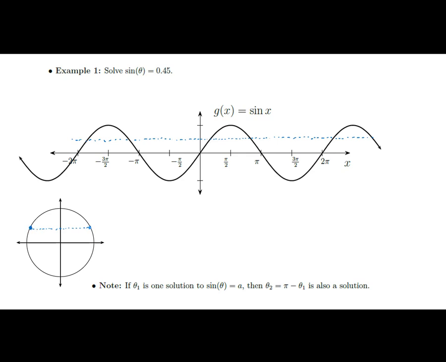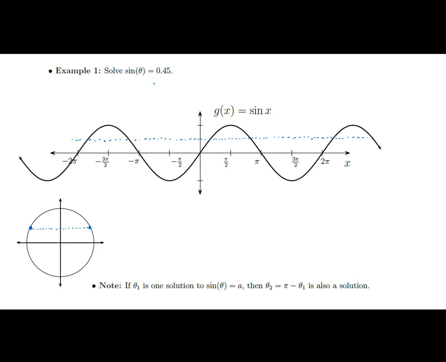But we also understand that we can go around the unit circle as many times as we would like to. So really, it's not just these 2 points, but it's this point plus 1 revolution around the circle, plus 2 revolutions around the circle, and so on. Every time I land on this point, that would be a valid angle that would give me the sine of theta equals 0.45.